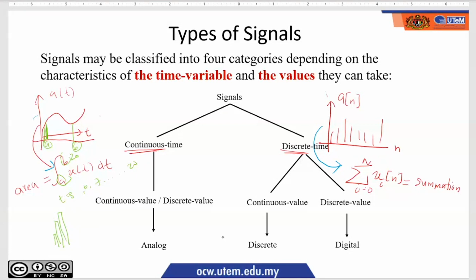Continuous value means the value happens all the time from a to b, but the discrete one is originally continuous time, but the pattern will be a bit different from a normal continuous time signal. The same goes for this, and finally we call it analog. The whole lot of signals using t, continuous and discrete, are referred to as analog signals. Speaking about the discrete, we have the discrete signal and the digital signal. That would be the idea.